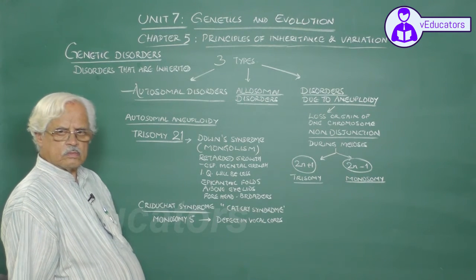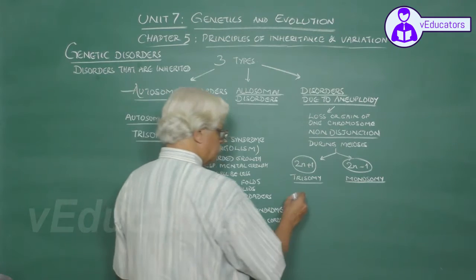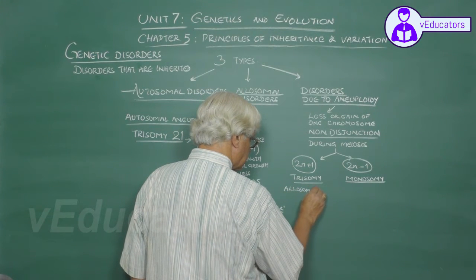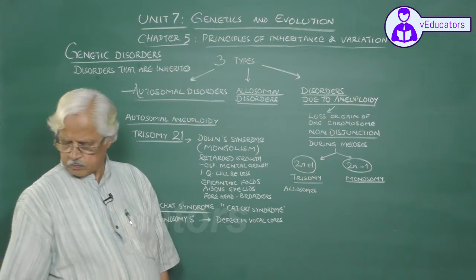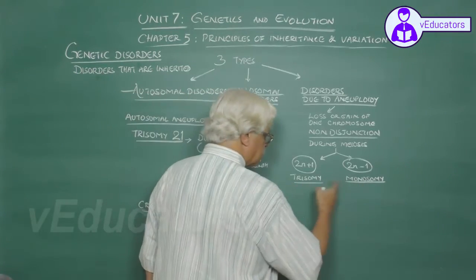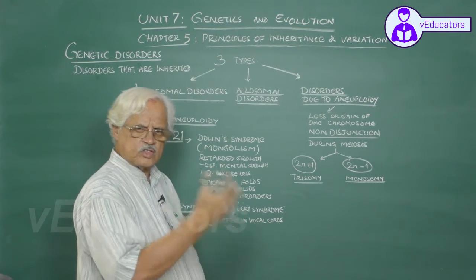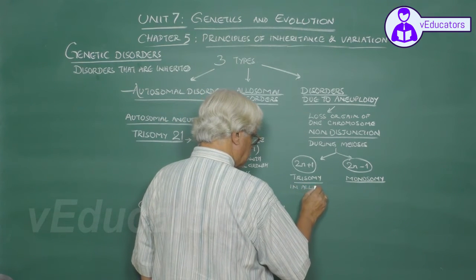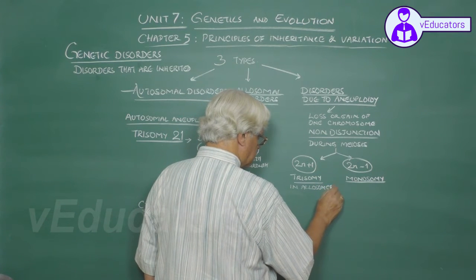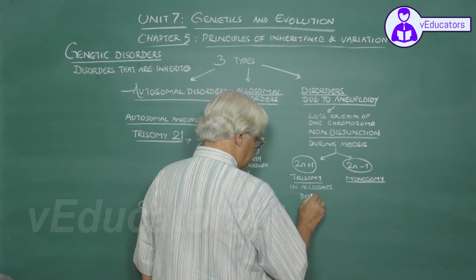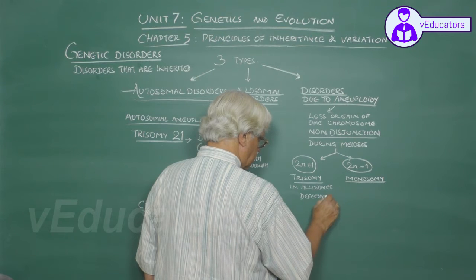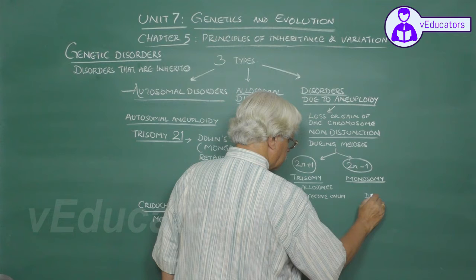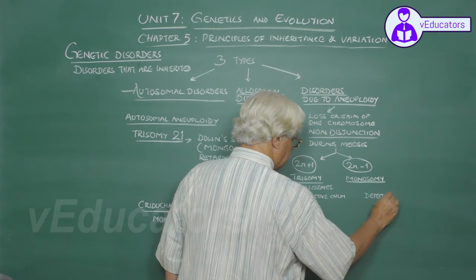The same situation can happen in allosomes also, sex chromosomes also. Now, in allosomes, think of this situation. There is defective ovum or defective sperm.